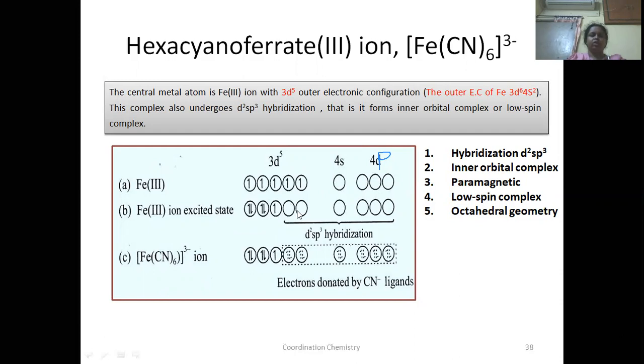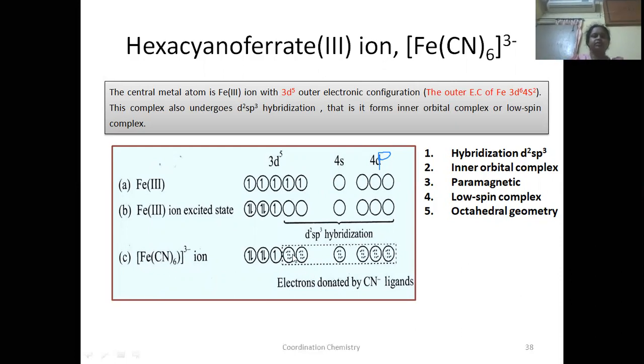So 2 empty d orbitals and 1 4s orbital, and the 3 4p orbitals, they will hybridize to form d2sp3. So after d2sp3 hybridization, we will get how many vacant orbitals? 1, 2, 3, 4, 5, 6. 6 d2sp3 hybridized vacant orbitals we are getting. So what is the coordination number? 6. So 6 are enough.